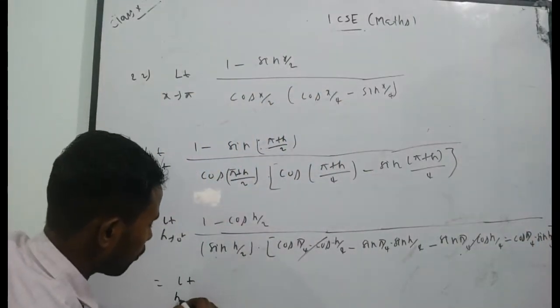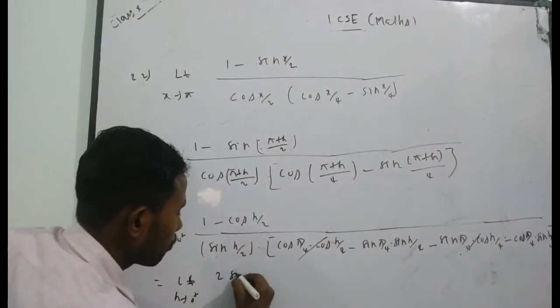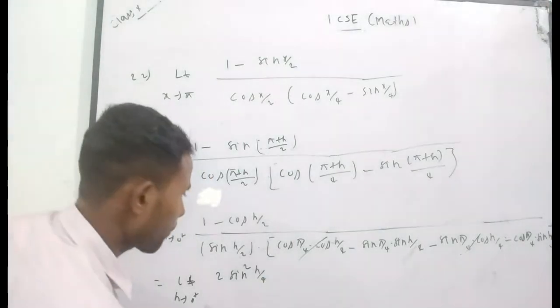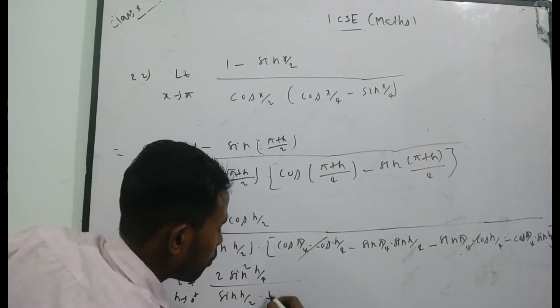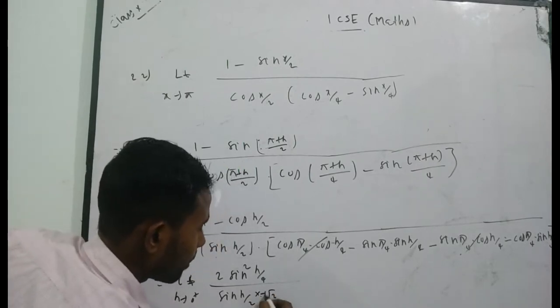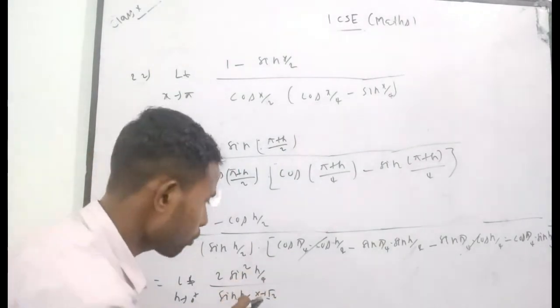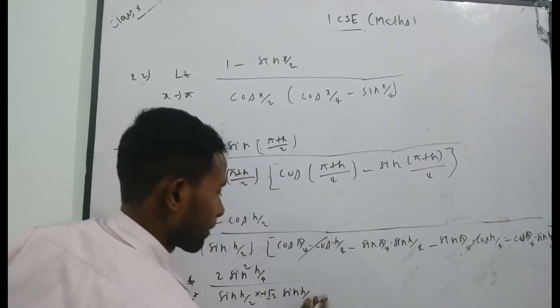Limit h tends to 0 from the right hand side. So 1 minus cos h by 2, that will be what? 2 sin square h by 4 divided by sin h by 2 into root 2, that means negative, because 2 upon root 2 minus root 2 into sin h by 4. I think you understand.